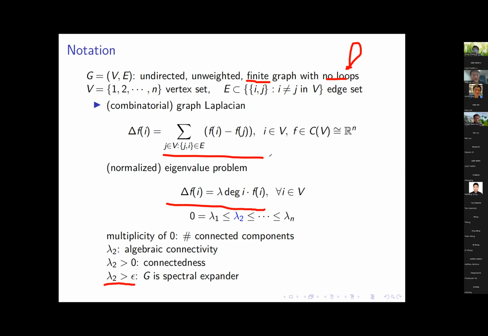Yes. Because variational eigenvalues of p-Laplacians are Lipschitz continuous with respect to p for p from 1 to infinity. Yeah, Lipschitz continuous.